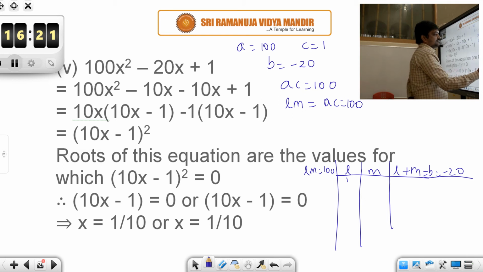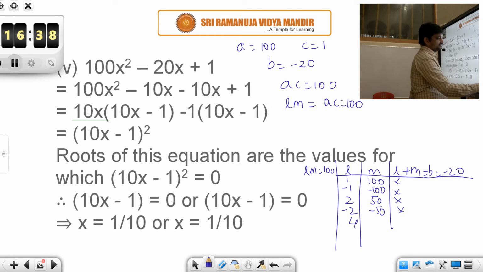So if L is 1, then M is going to be 100. So this is not possible. If L is minus 1, minus 100, so this is not possible. Then if L is 2, then M is 50, not possible. If L is minus 2, minus 50, again not possible. Then if L is 4, 25, so not possible. If L is minus 4, minus 25, again not possible.